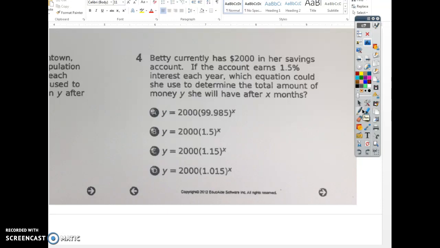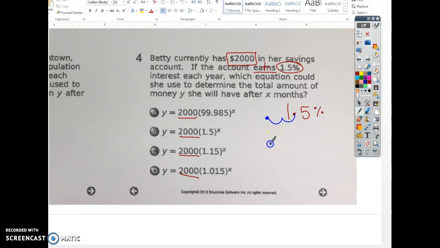Like, for instance, this one says that Betty currently has $2,000, so that means that's what she started with. That's the initial value, $2,000. So all of them should start with 2,000, right? And then it says if the account earns, that means plus 1.5%, you need to change the 1.5% to a decimal by moving the decimal to the left 2 times.